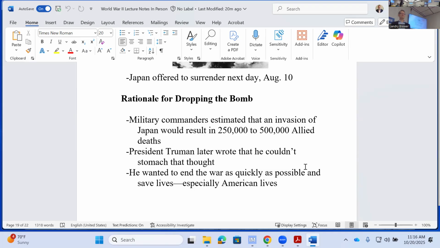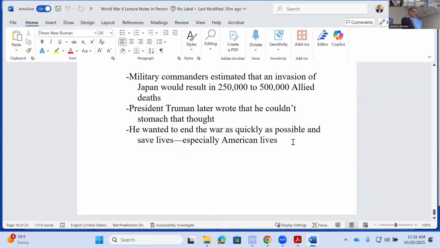If there was a way to end the war quickly and save American lives, he wanted to do that. And because he wanted to end the war as quickly as possible and save American lives, he decided to drop the atomic bomb on Japan, hoping to force a Japanese surrender, which it did, though it took 2 atomic bombs being dropped on Japan to accomplish that. But it did accomplish that.